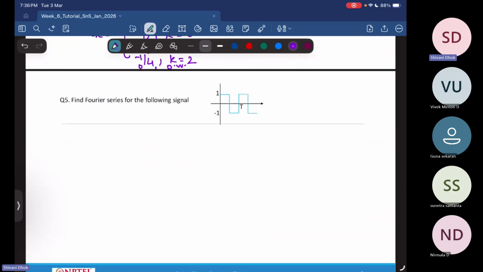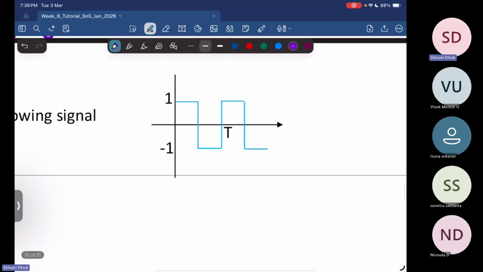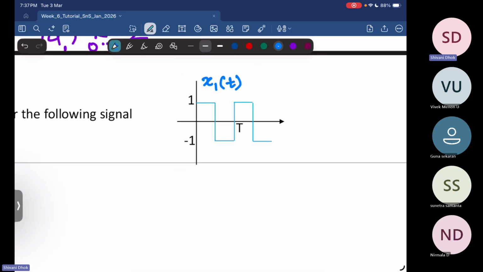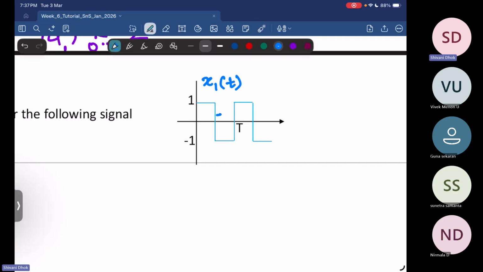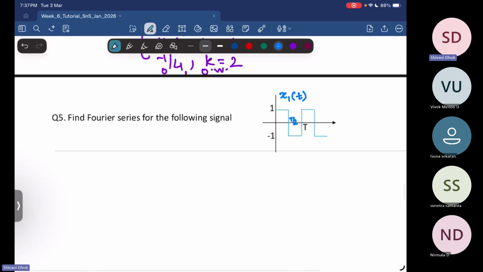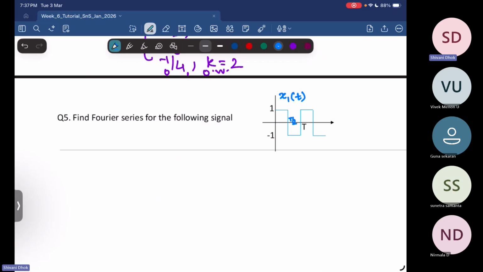So this says that find the Fourier series of the following signal. So let's say this particular signal is some x1 of t, and this x1 of t is equal to 1 for 0 to T by 2, and it is equal to minus 1 for T by 2 to T. And it repeats. So this is the signal that you have.